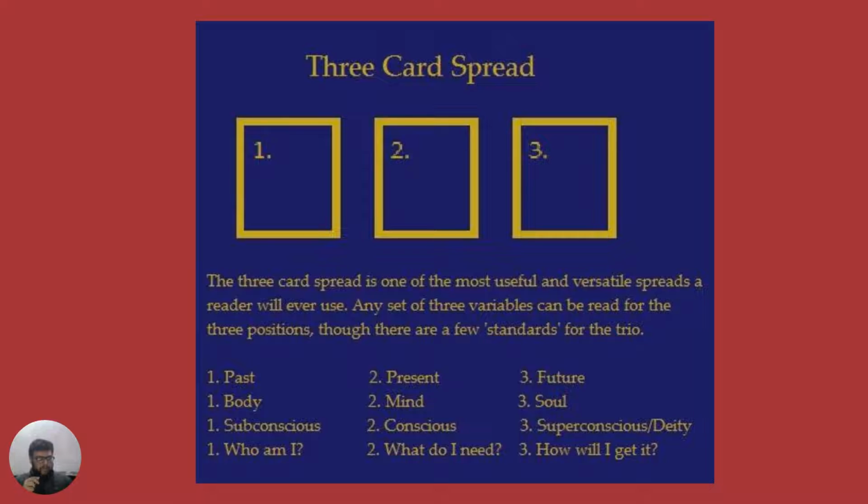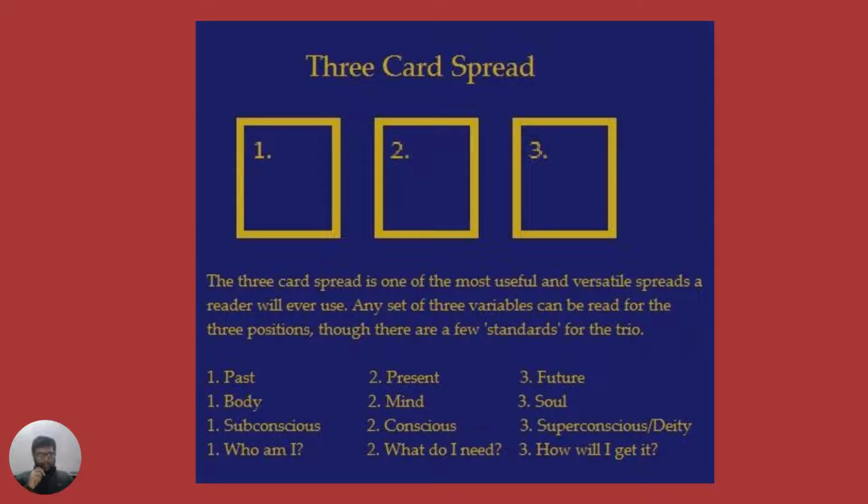Another interpretation is that the first card represents your situation, the kinds of circumstances the person is facing, the second card represents what sort of actions need to be performed, and the third card represents what the outcome of those actions will be.